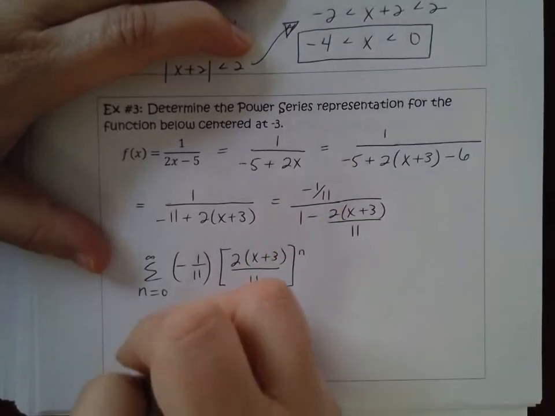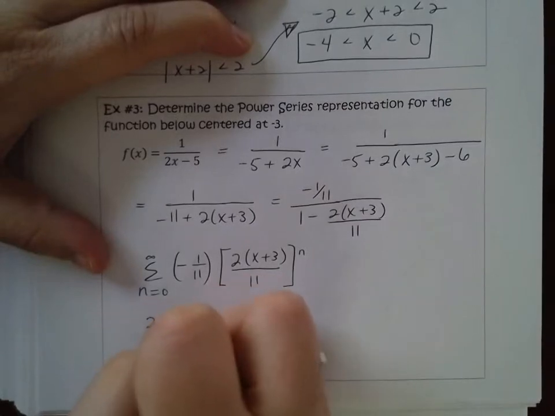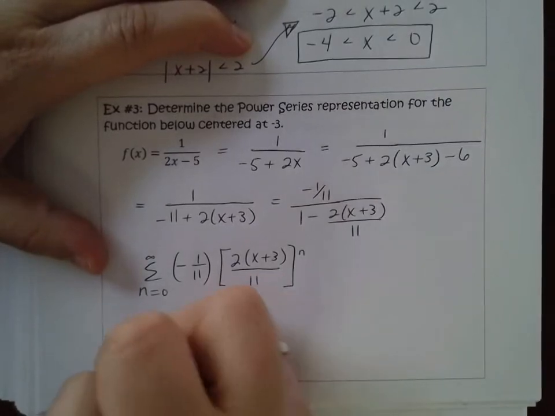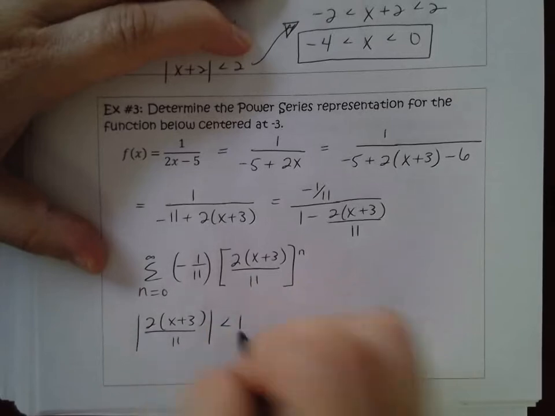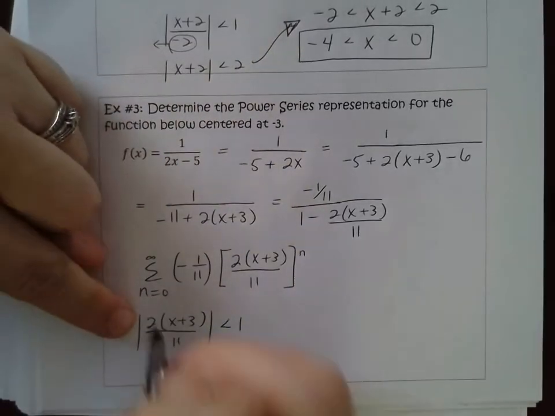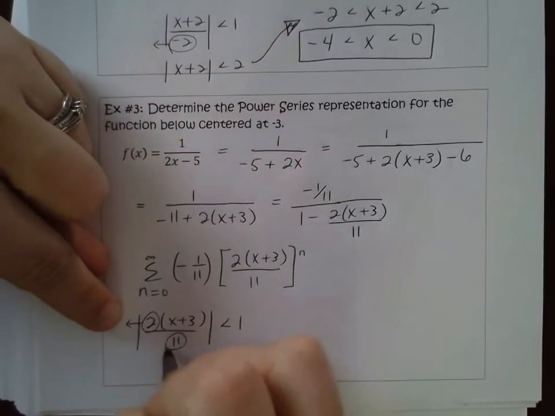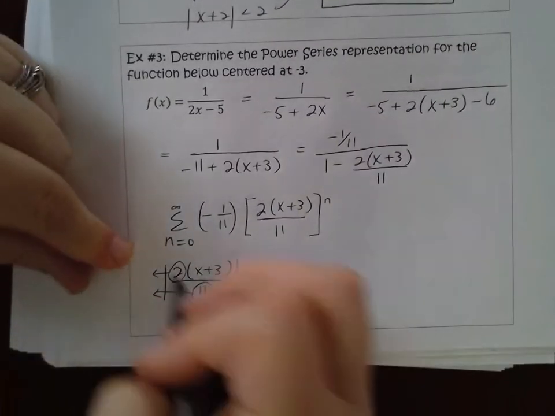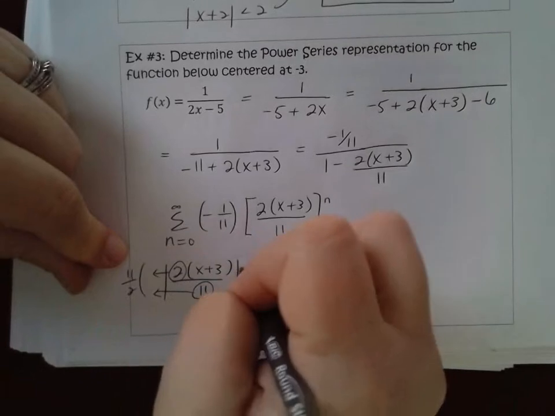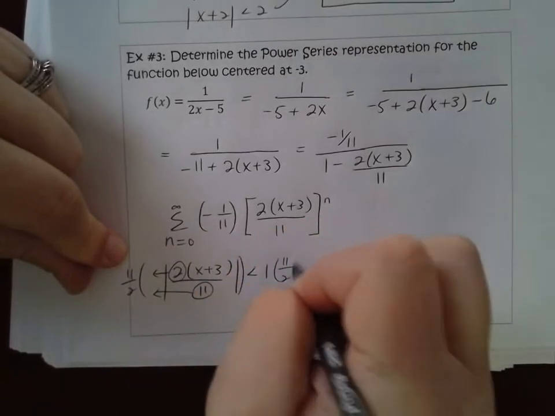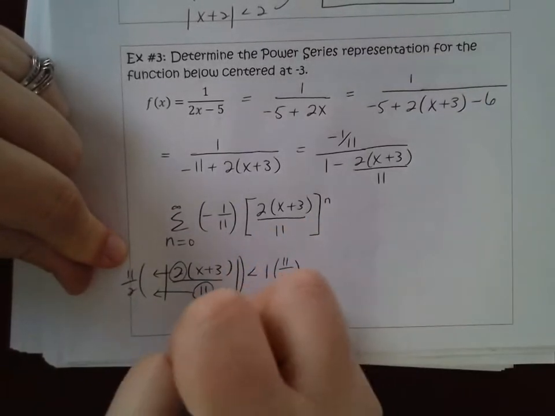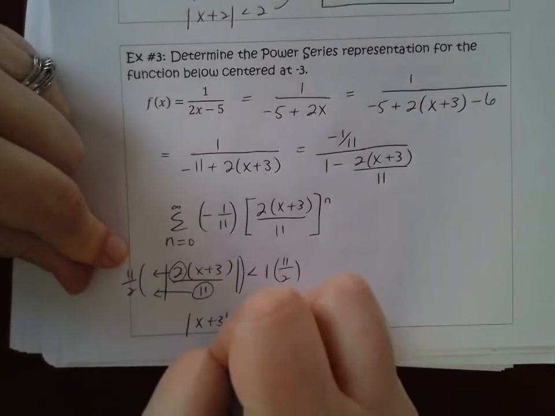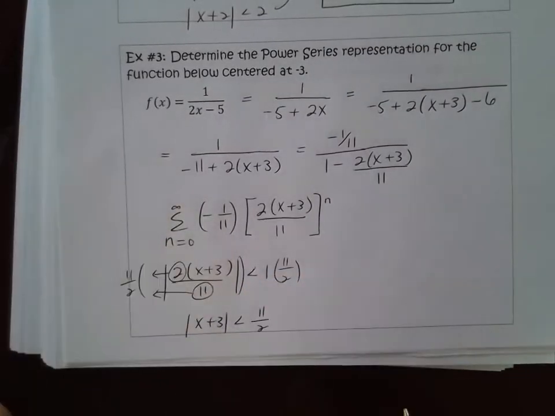If I squeeze that 2x plus 3 over 11's absolute value to be less than 1, and I bring the 2 out and I bring the 11 out, then I multiply by 11 over 2 on both sides, leaving me x plus 3's absolute value less than 11 over 2.